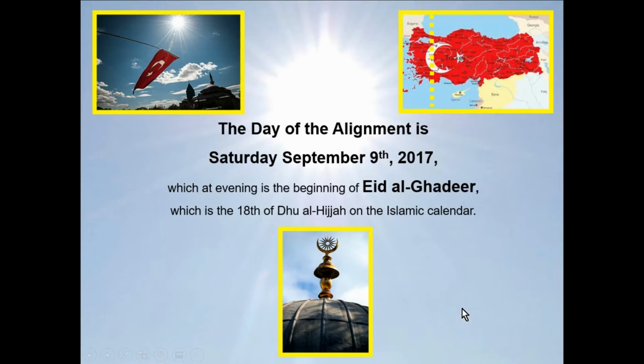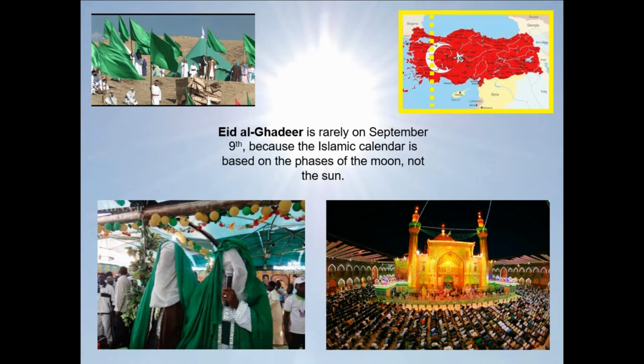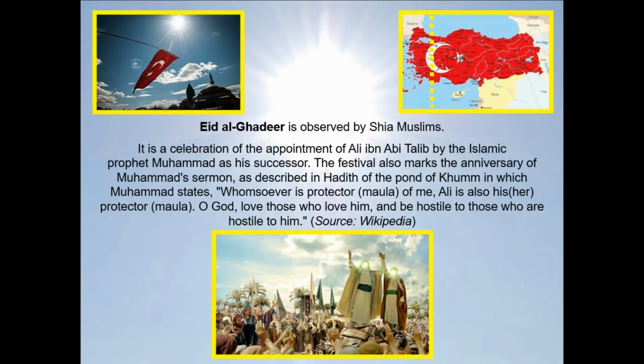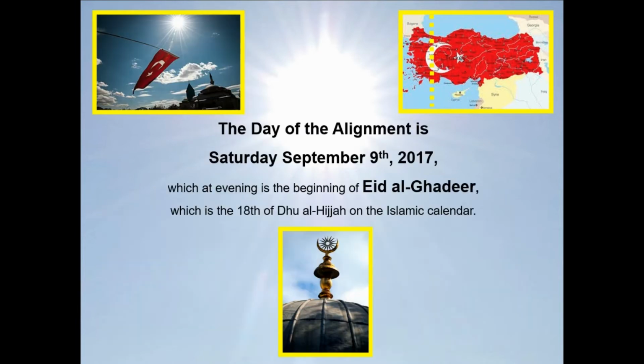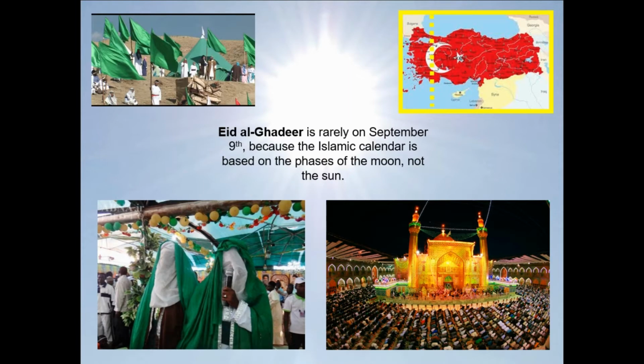Okay, and this is when the Shia Muslims... this also happened on the day of Saturday night, which just happened to be Eid al-Ghadir, which is a Muslim holiday for the Shia Muslims.